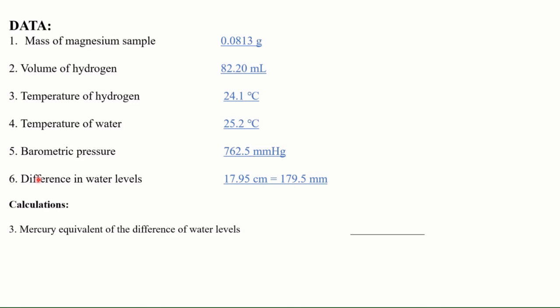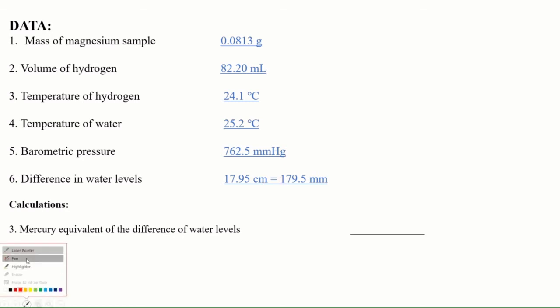And remember, we measured this from the surface of the water in the beaker to the meniscus of water in the tube, and we've measured it to be 17.95 centimeters.